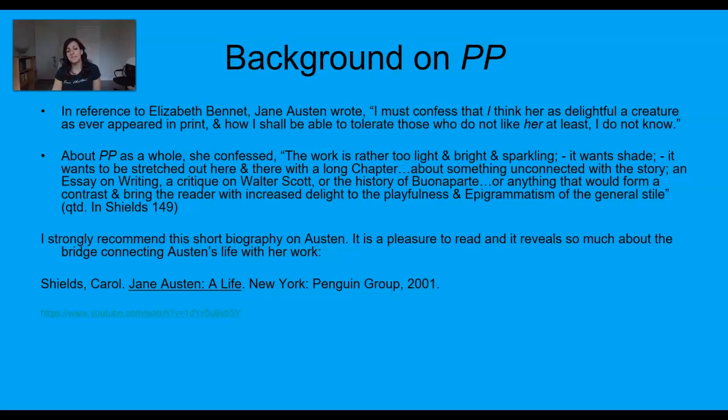Now, I think this is such a vulnerable moment, and it shows two things. It shows, first of all, Jane Austen's love for the characters that she created. And secondly, Jane Austen's fear of rejection from the audience that reads her novels.